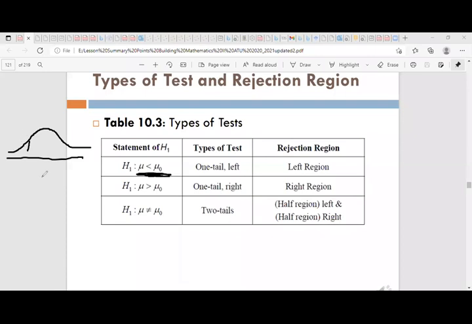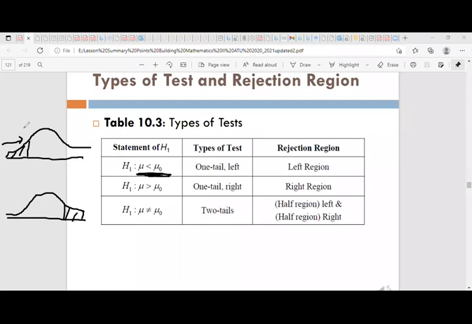Then if it is greater than, let me redraw this. So you have the normal distribution. Then you have the point greater than on the right side.